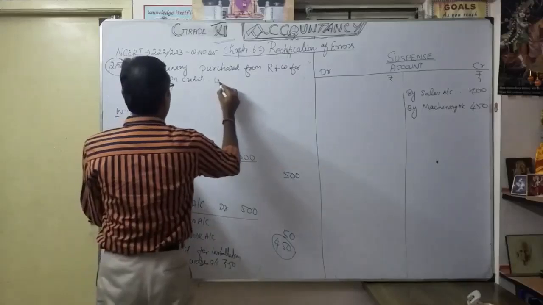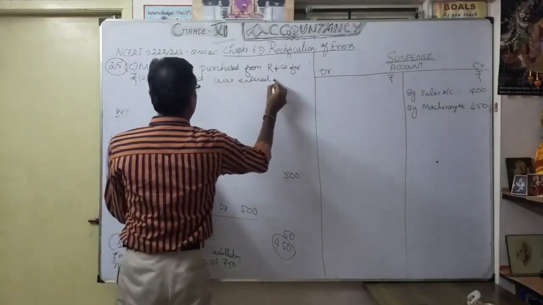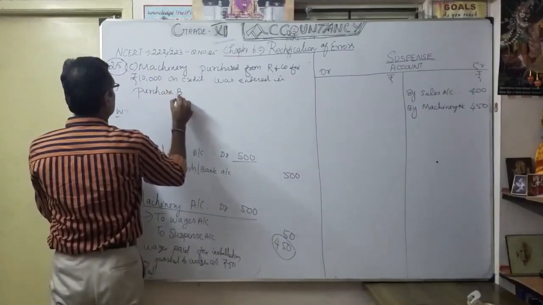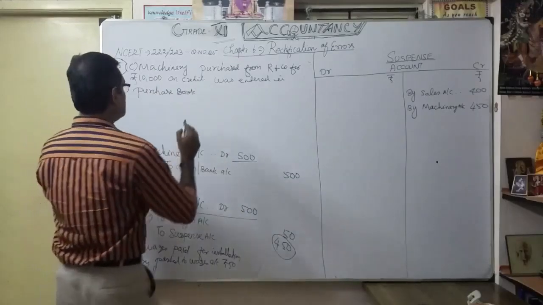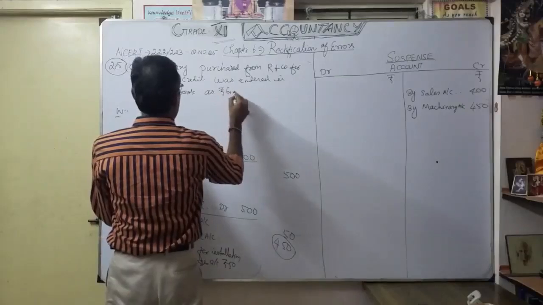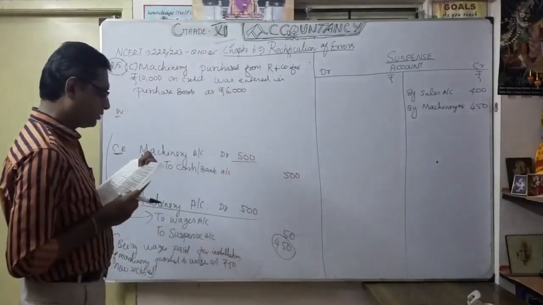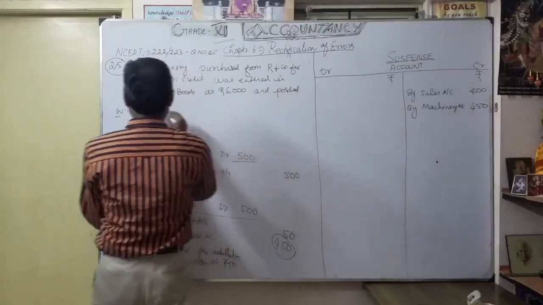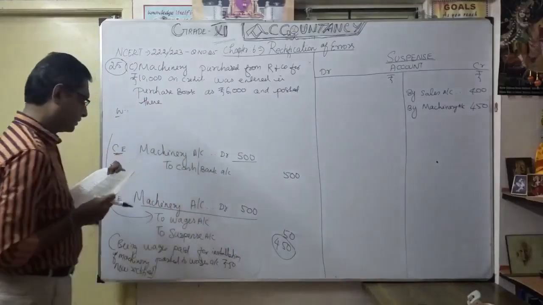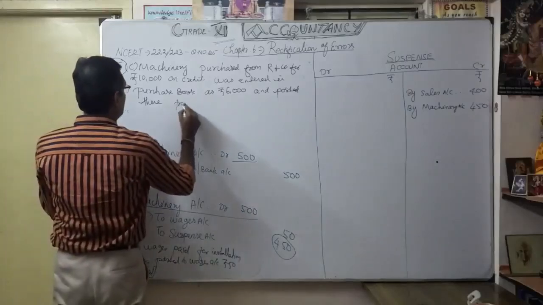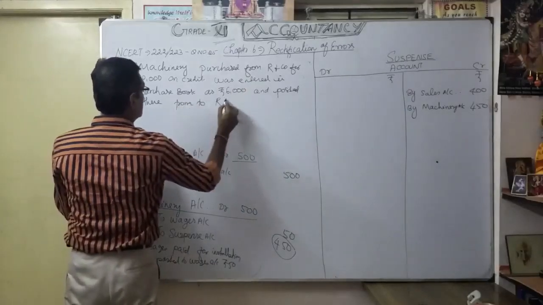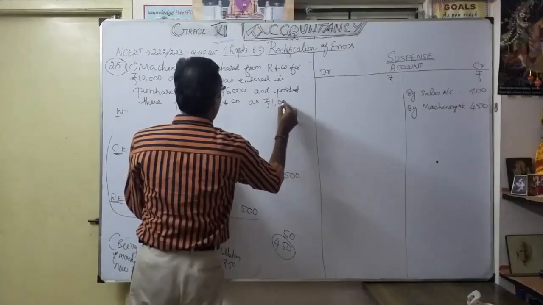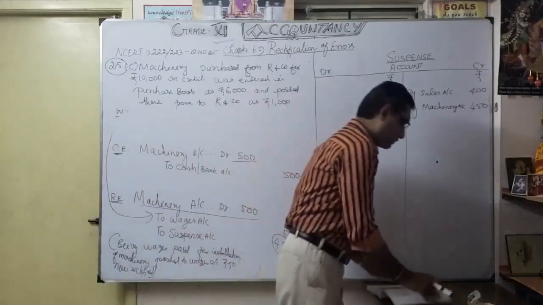It was entered in the purchase book as 6,000, and posted to R&Co as 1,000. This is the transaction they gave.